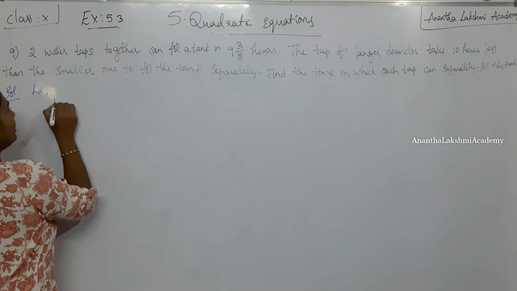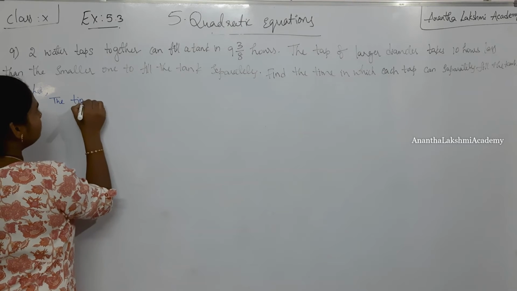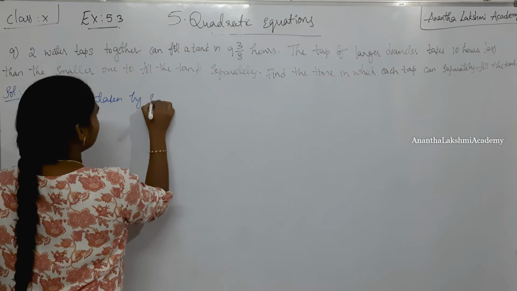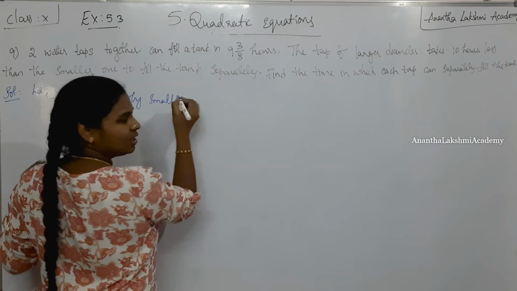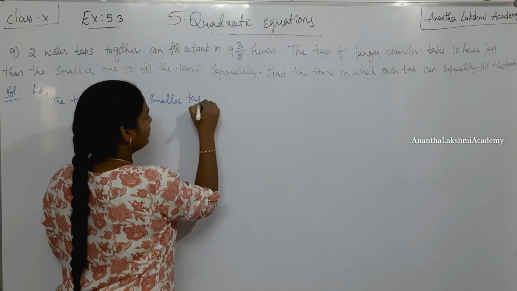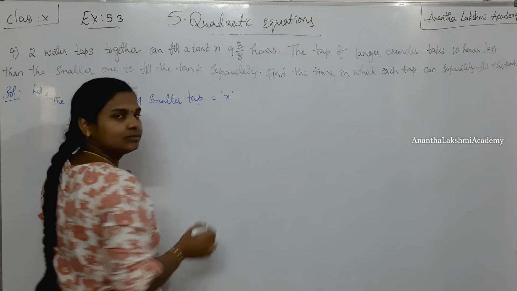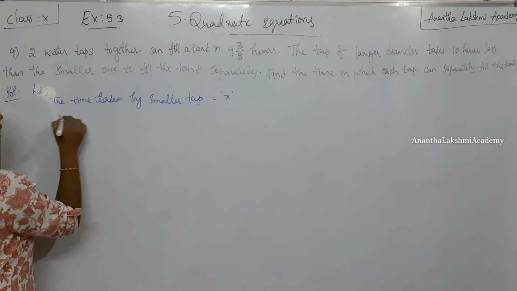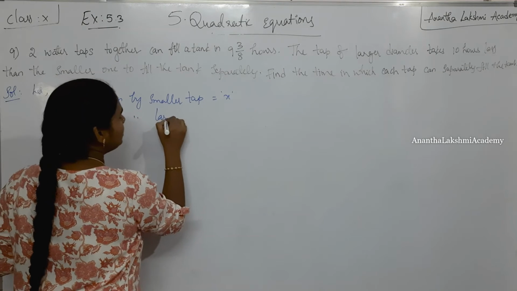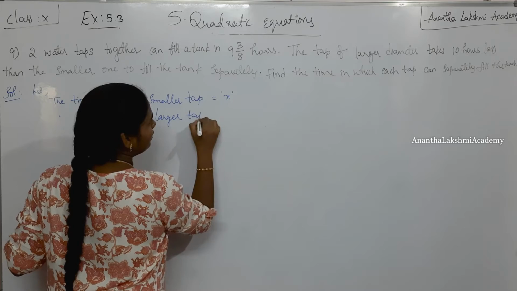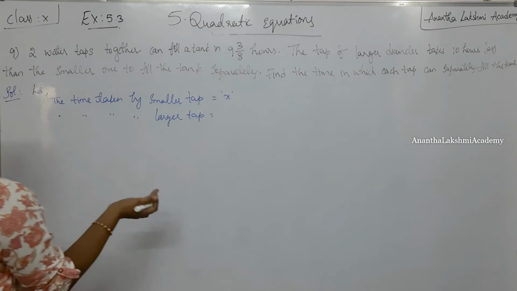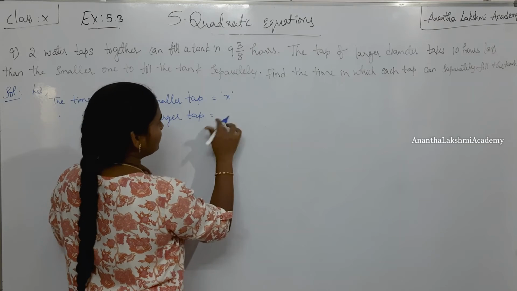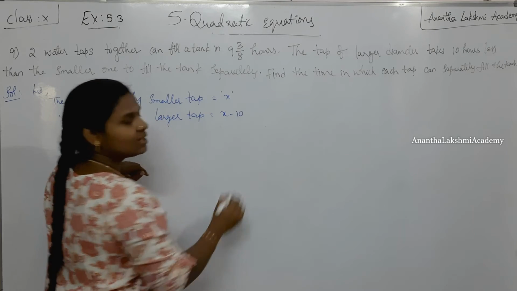So let the time taken by the smaller diameter tap be x. What happens to the time taken by the larger tap? It is 10 hours less than the smaller one, which is x minus 10.